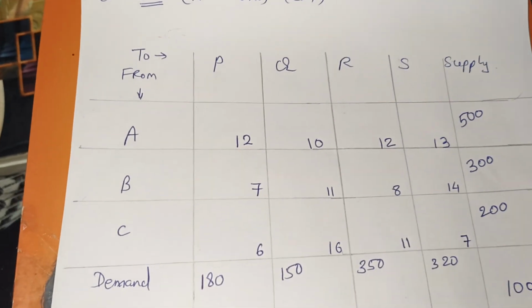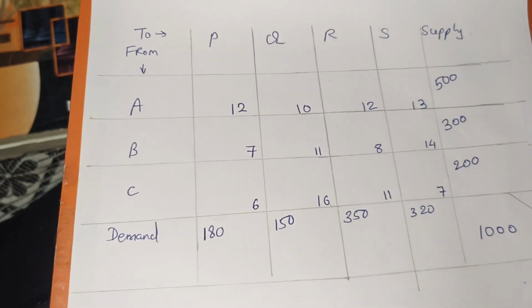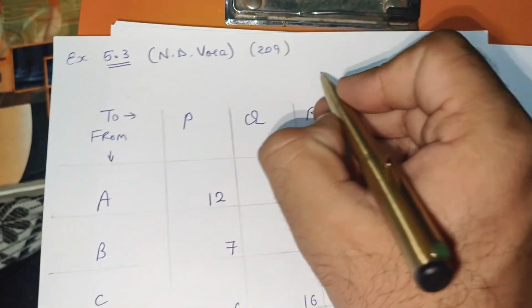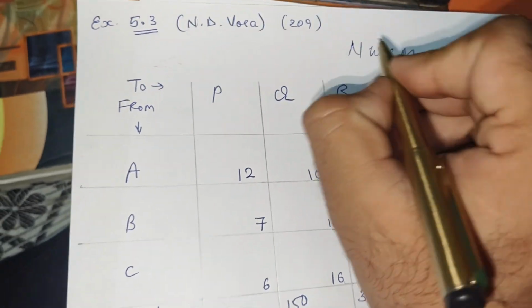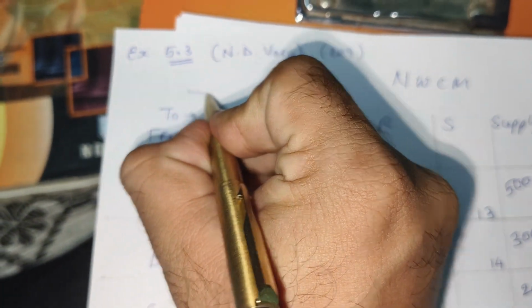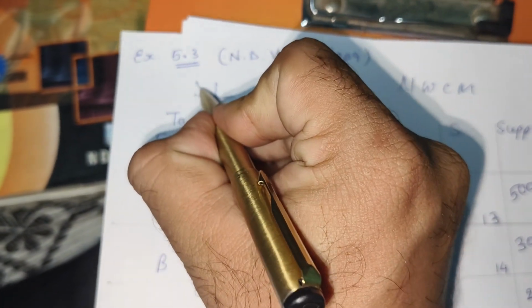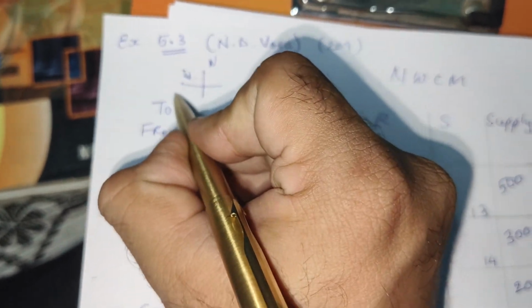Now it is our first method. I will solve it by the northwest corner method. As I have shown you the compass, I am again drawing it. This is our north side and this is our west side.